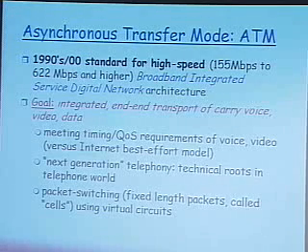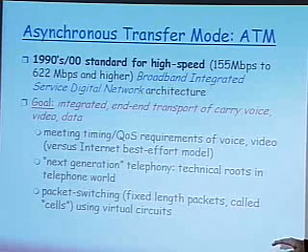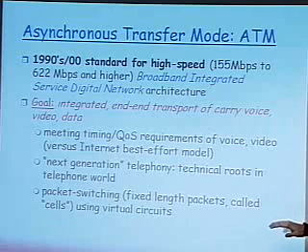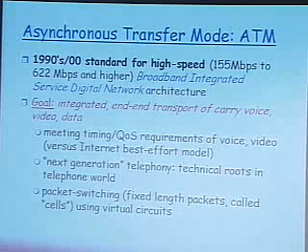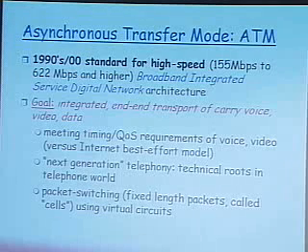And what has happened today is that ATM could never penetrate to the end host. This technology was supposed to go to end systems. Your desktops and your laptops were supposed to run ATM, but that never happened. At the end systems, IP won.